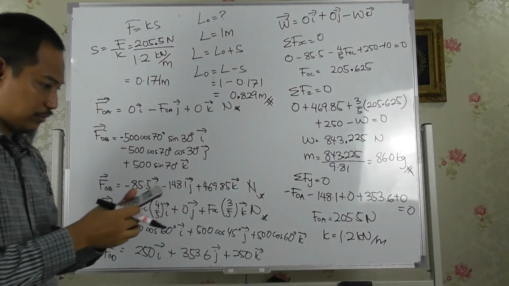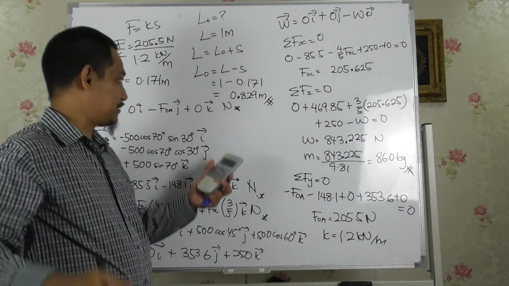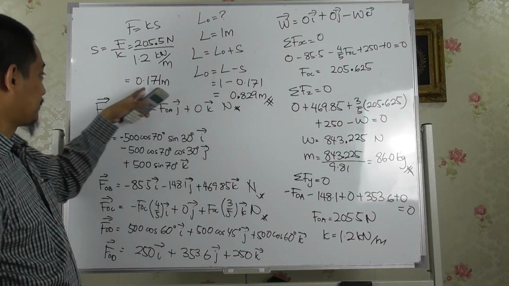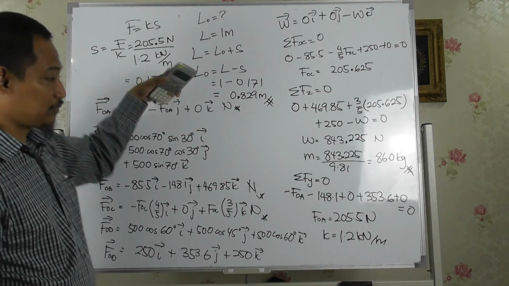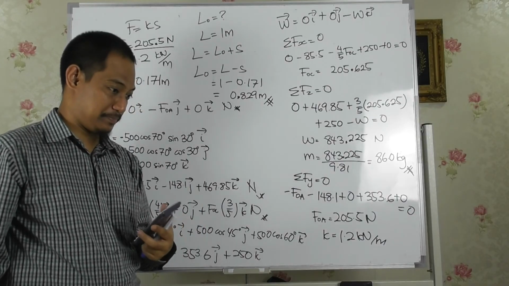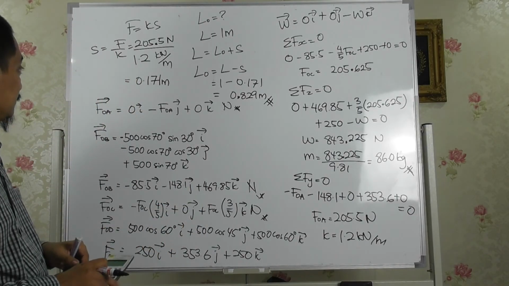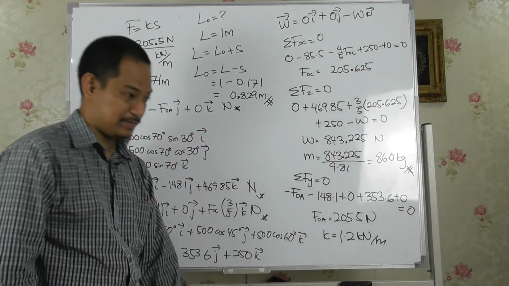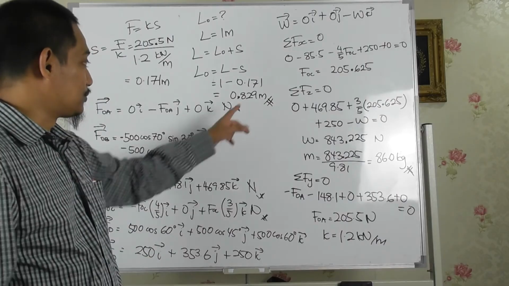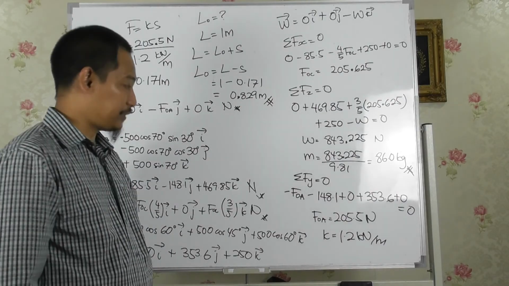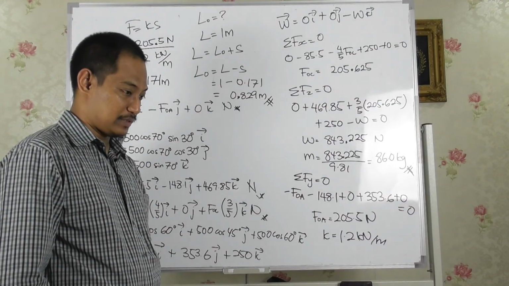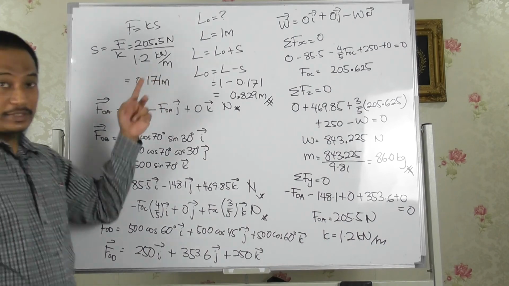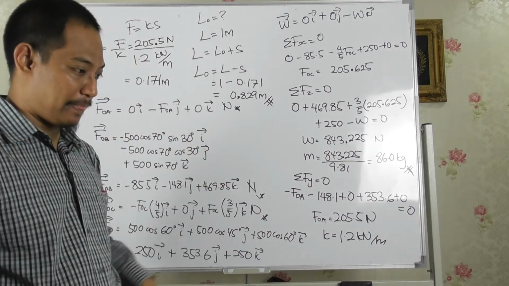So meaning that the original length, the unstretched length, is 0.829 meter, and when it is stretched by this value, it will reach the current length, which is 1 meter, right? Okay, so that is the unstretched length. Hopefully you understand that, right? So you get 0.829 meter, the unstretched length. Again, make sure you realize that the unit there is kilonewton.